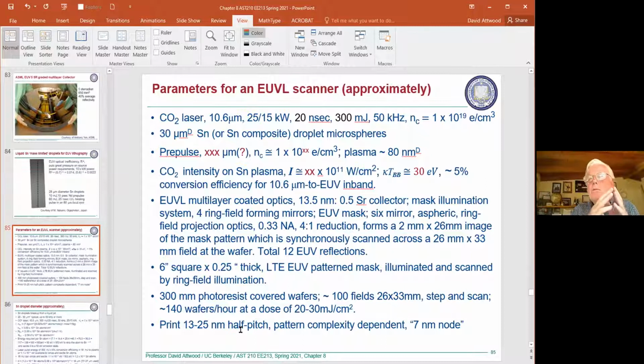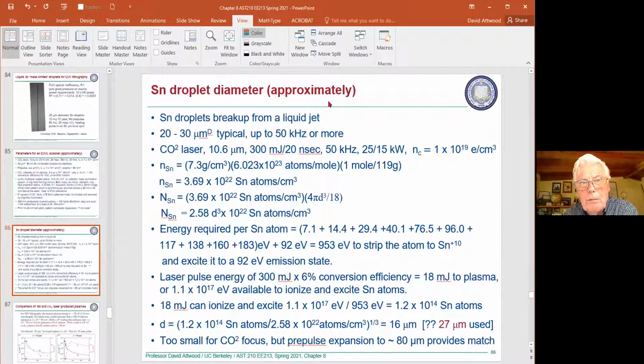Moore's law is an observation that the ability to print computer chips improves every 2 years by decreasing the feature sizes by about 2 something, and that gives you more millions of transistors, etc. But anyway, it's called the 7 nanometer node, although the features are bigger than that.